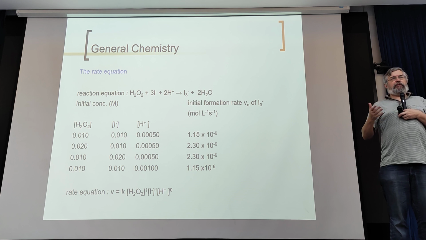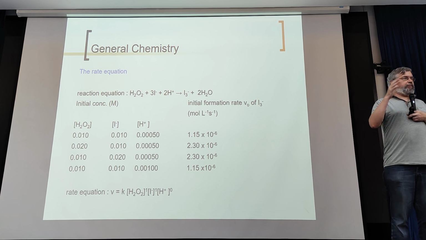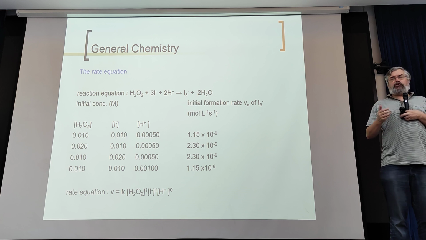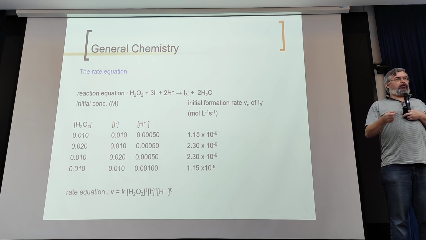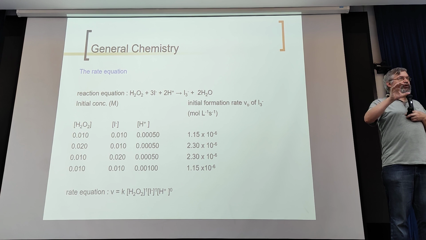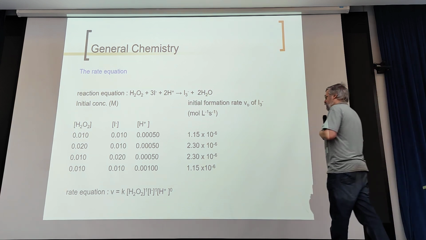And so people in many cases talk about the total order. Then it's 1 plus 1, 2. And this is a so-called second order reaction. In a second order reaction, normally two particles are coming together in what is determining the rate. I will tell you more details about that later.